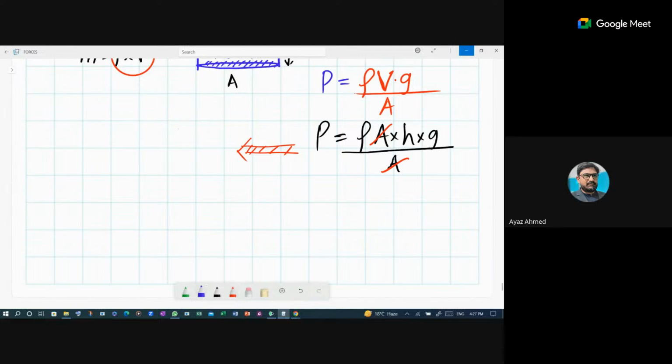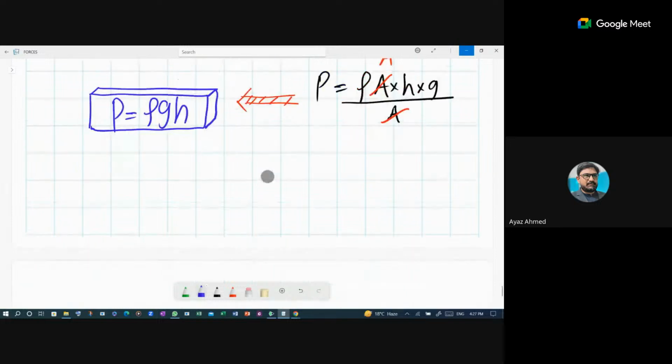Moving quickly, I have cleared this topic of rho g h as well. If you have any question, you can ask me right here. So this is the equation which refers to the pressure of liquids.